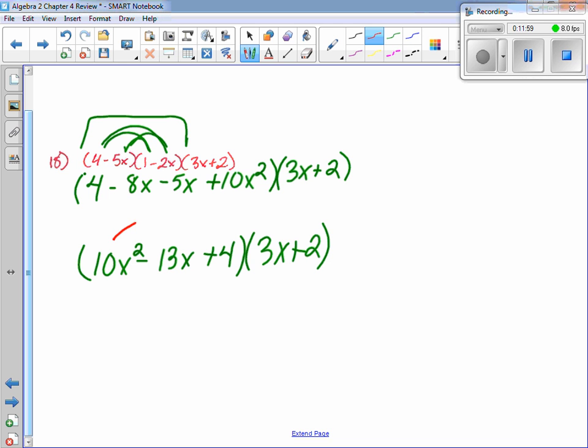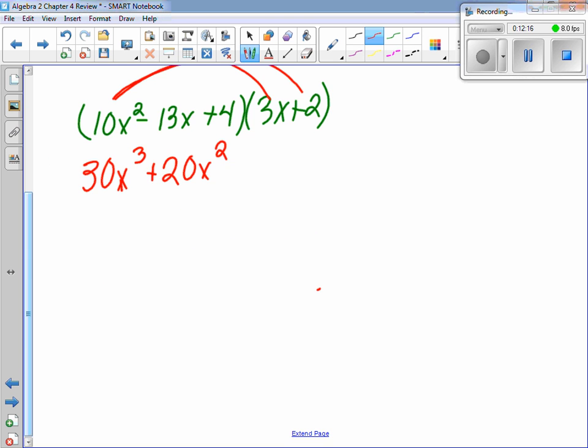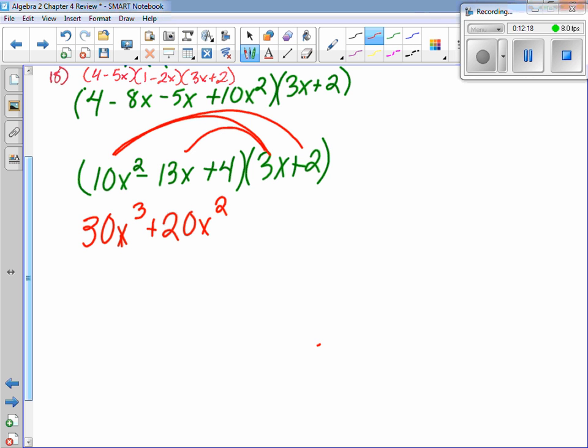Now we're going to do this again. 10x squared times 3x would be 30x to the third. 10x squared times 2 is going to be plus 20x squared. Now I'm going to do something I call a tier step or a stair step method for writing this next one.